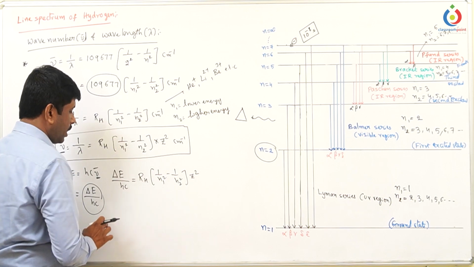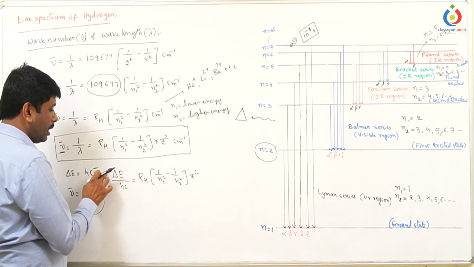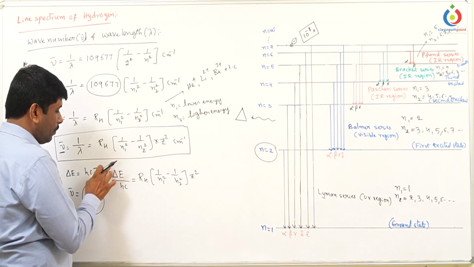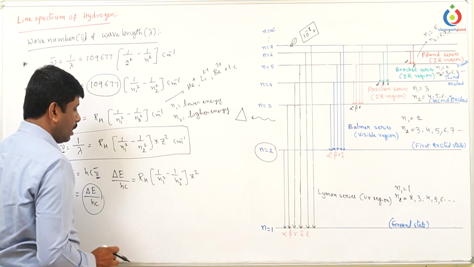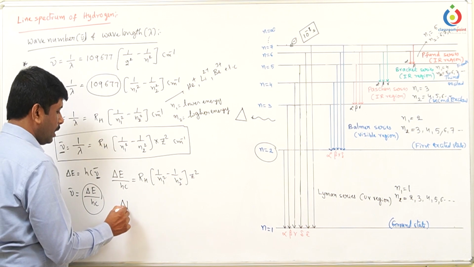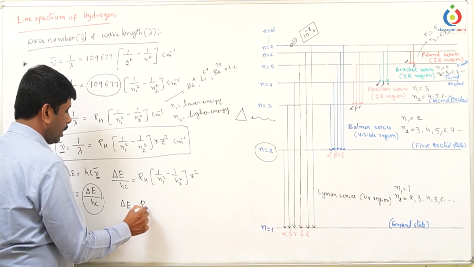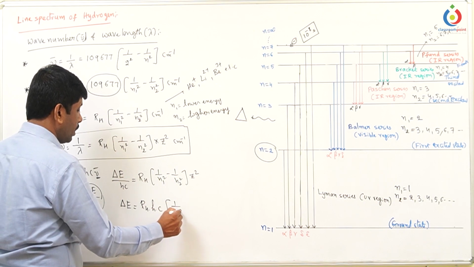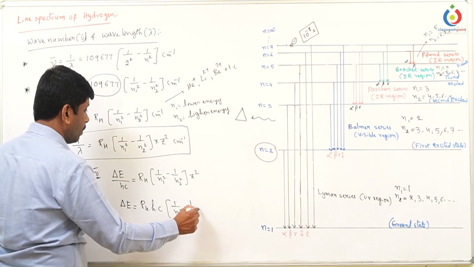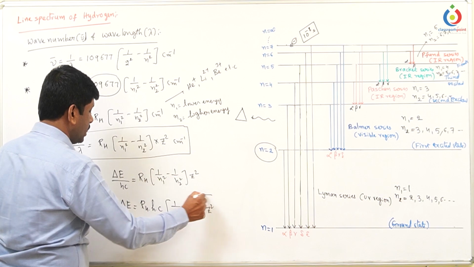Here we cannot write units, because whatever energy unit you take, if you take joules, it will be joules. If you take electron volt per atom, it will be electron volt per atom. So delta E equals RH Hc into 1 upon N1 square minus 1 upon N2 square into Z square.